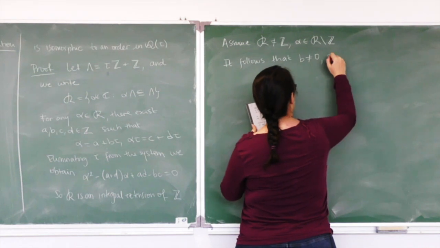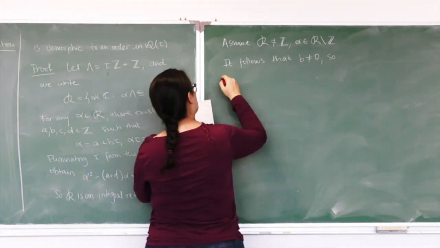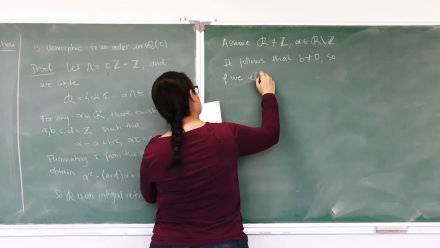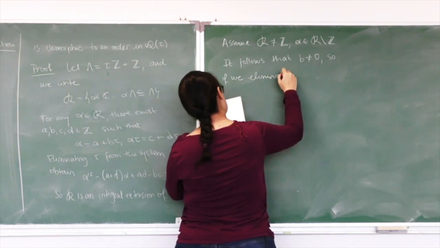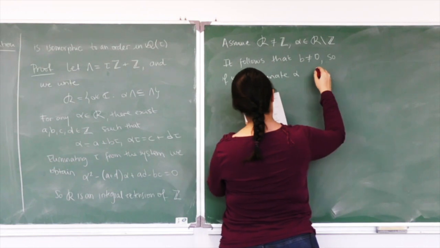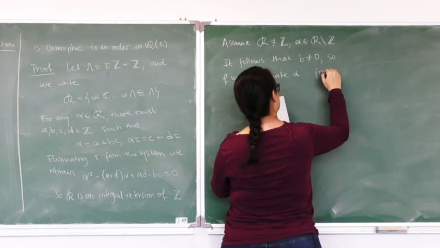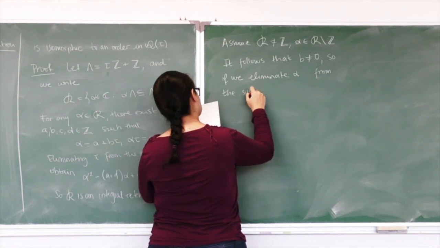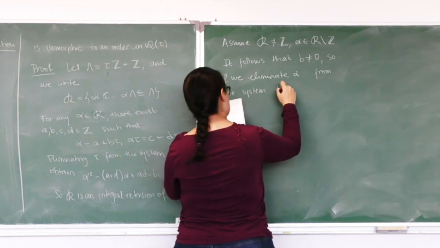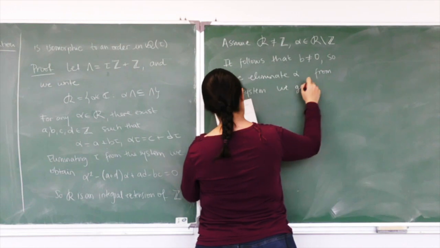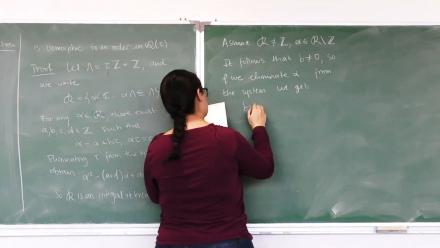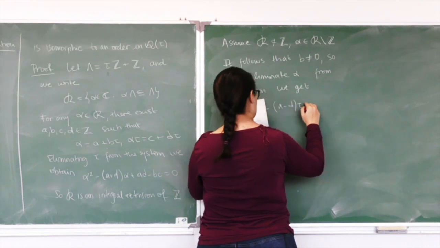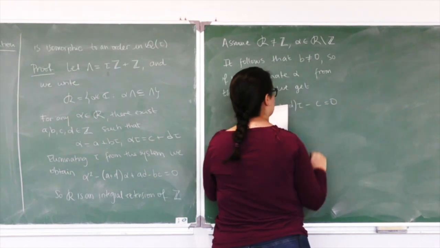So if we eliminate alpha from the system, we get that b tau squared minus (a minus d) tau minus c is equal to 0.